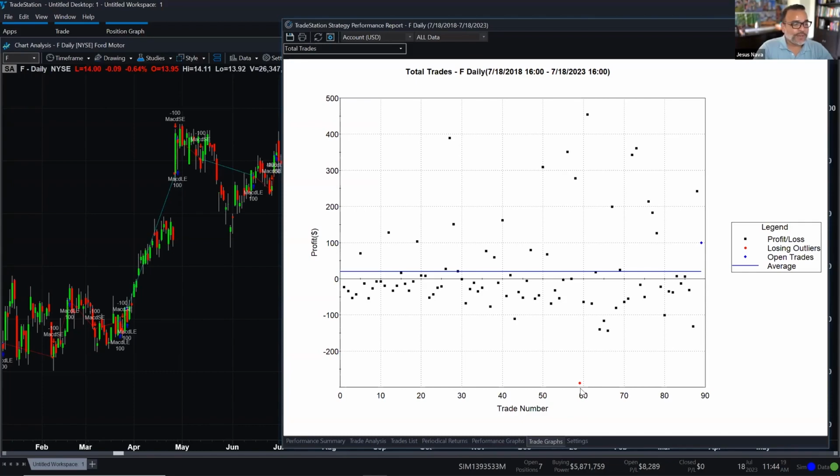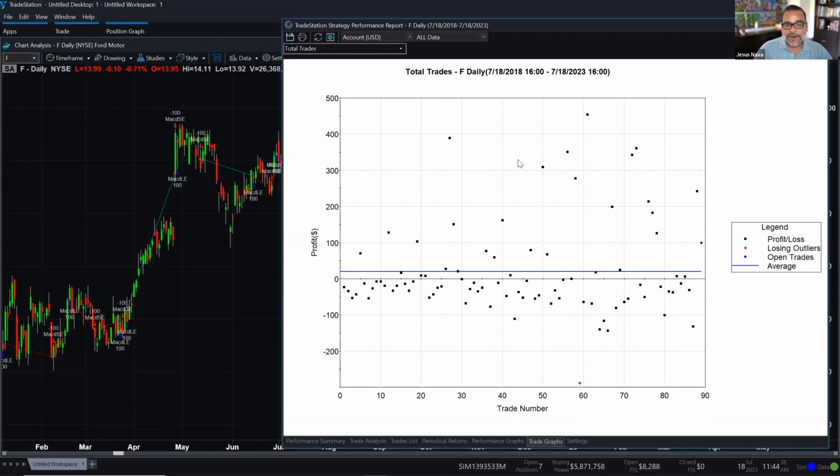So we have a losing trade right here that lost close to $300. Let's see, how much did it lose? Yeah, $288, almost $300, but it's totally separate from all the other losses. And the same here, we have all the different winning trades and how much each one of those trades won.